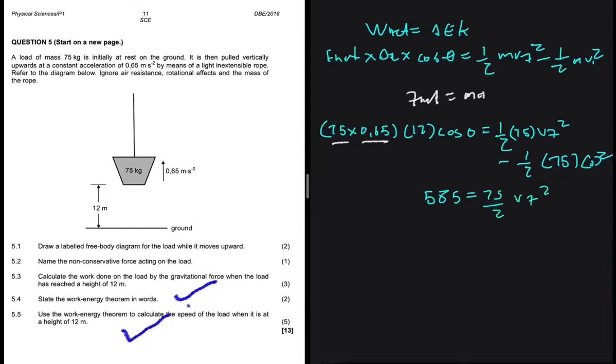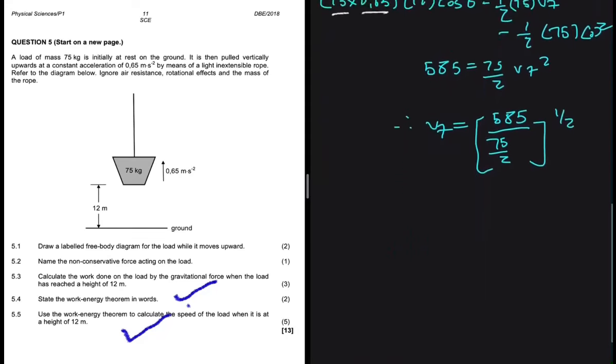And then it is easy to see now that Vf will be equal to 585 divided by 75 divided by 2, and everything to the power of a half, right? That's the same thing as taking square roots on both sides, and then we get Vf being equal to 3.95 meters per second.